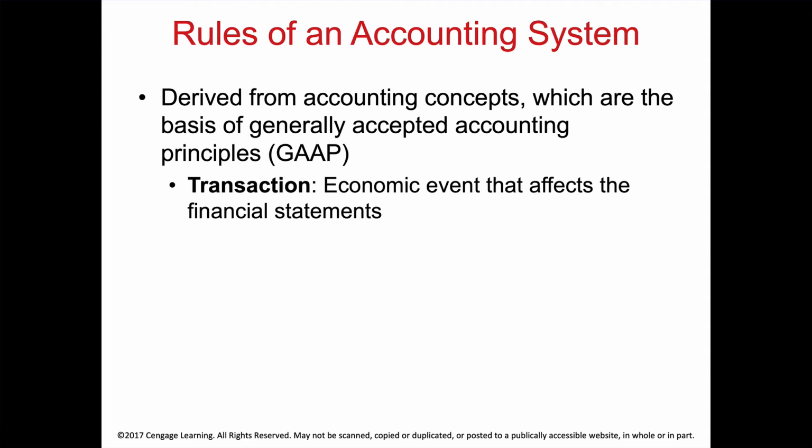A transaction would be, for instance, buying a truck, making a sale, taking on a loan, issuing stock and getting cash from your stockholders. These are all transactions, and there are generally accepted accounting principles that tell you how you need to record them.